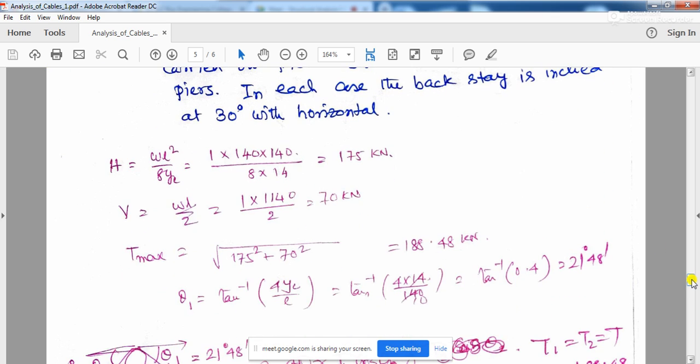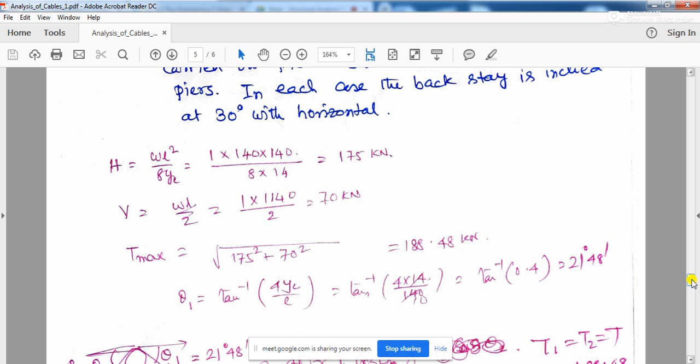If you remember two formulas, or you can go from the very basics: just take the moment about some support and then calculate the vertical force V, and then for the horizontal force you take moment about the central point of the cable, and you know that in a cable, the summation of all the moments of all the forces taken about that point is equal to 0.